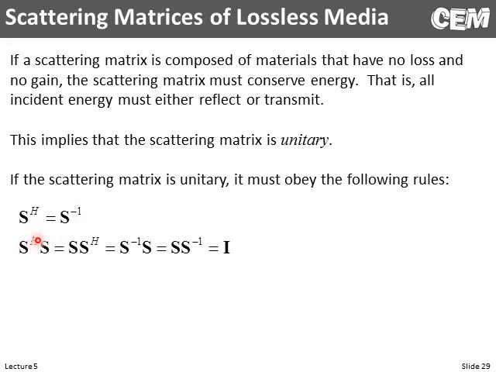So if I take the Hermitian transpose of our scattering matrix, multiply by the scattering matrix, I get the identity matrix. And as we would always expect, if I take our scattering matrix and divide by the scattering matrix, we get the identity matrix. Sometimes that comes up, but this only holds when our scattering matrices are unitary, meaning no loss and no gain. If there is loss and there is gain, these rules do not hold.